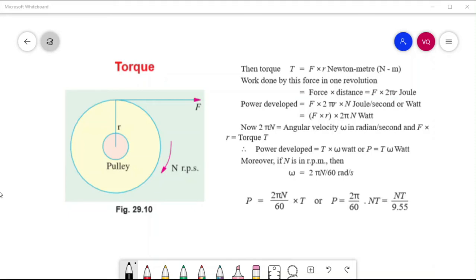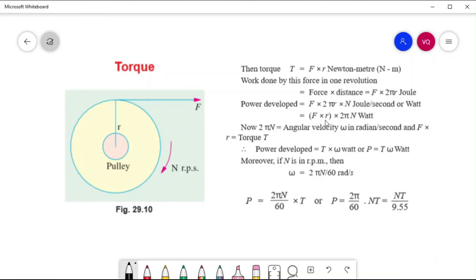The work done by this force in one revolution is equal to force multiplied by distance, so that is F times 2 pi r, which is in joules because it is work. So the power developed in this pulley is equal to the force multiplied by the distance, 2 pi r, multiplied by the speed. So the unit is in joules per second, or watts.